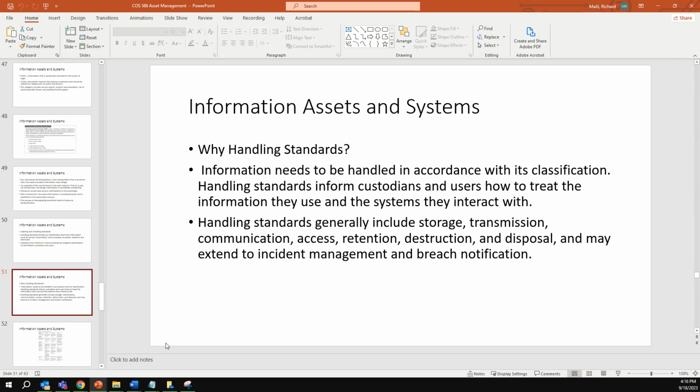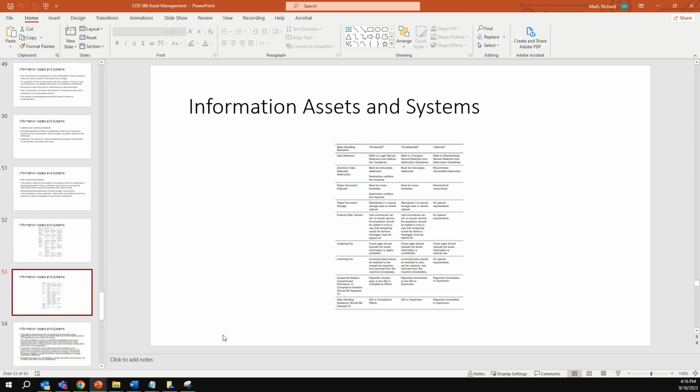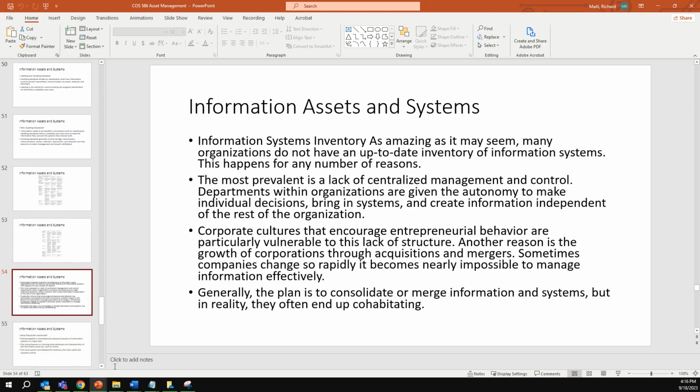So even the private sector, they can adopt different procedures and use different kinds of standards. So handling standards can be used to inform custodians and users how to treat the information, so kind of using it as your basis. So there's different standards that can be used and utilized.